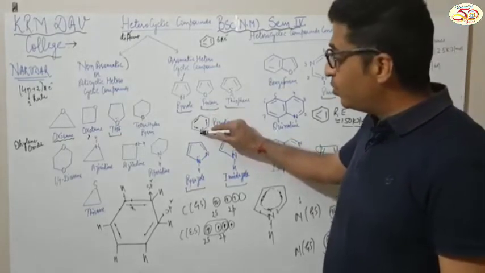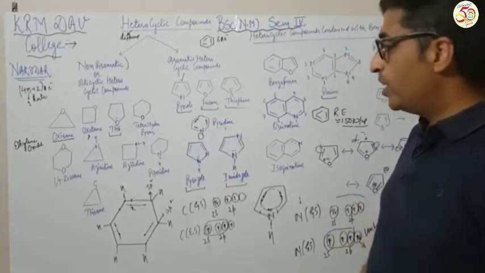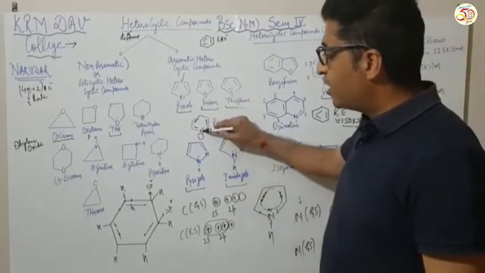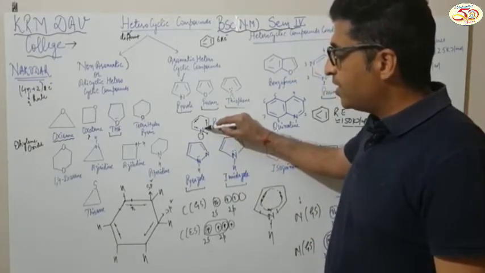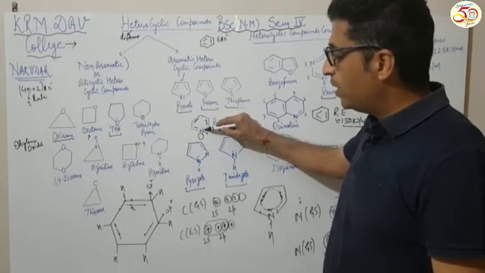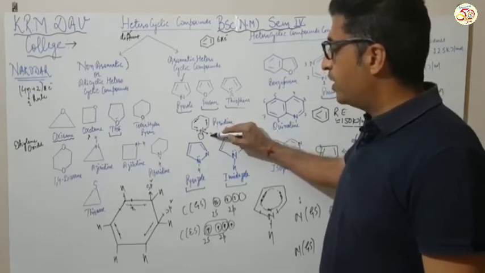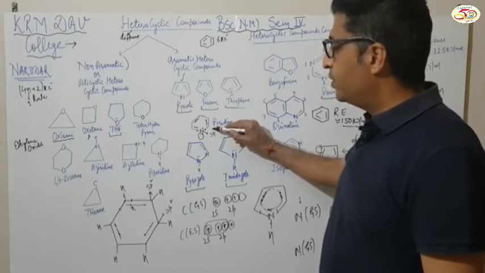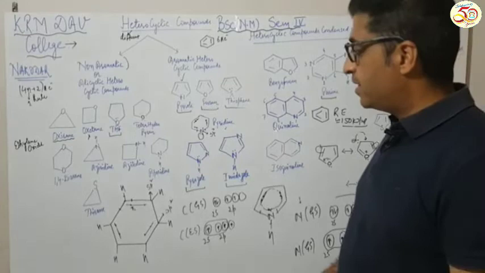It means this lone pair is coming from a hybridized orbital. So in pyridine, nitrogen shows, see how many hybridized orbitals are there? 1, 2 and 3. So this is showing sp2 hybridization. Is that clear to you?